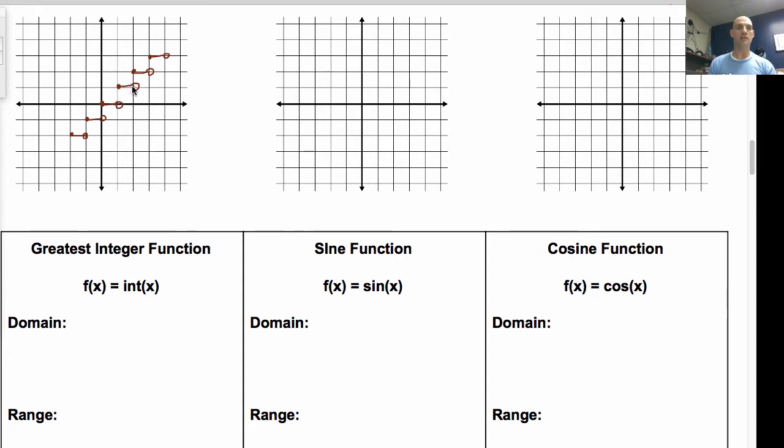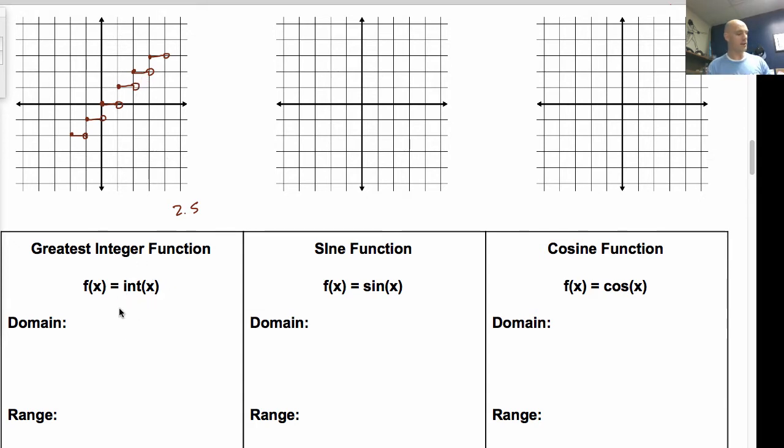All the way up until I get to 2, the greatest integer less than or equal to those is 1. Then it jumps up to 2. So between 2 and 3, like 2.5, what's the biggest integer less than or equal to that? It's 2. And so from 2 to 3, my function is defined as 2, right?